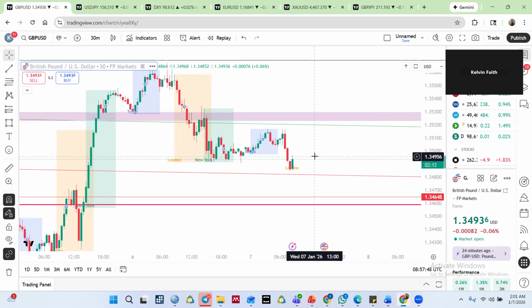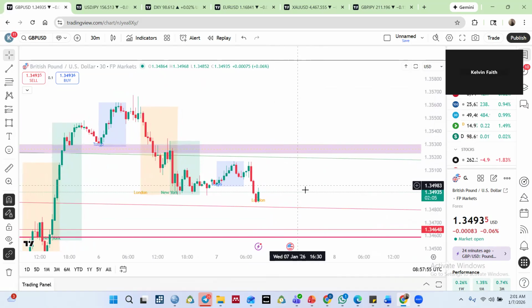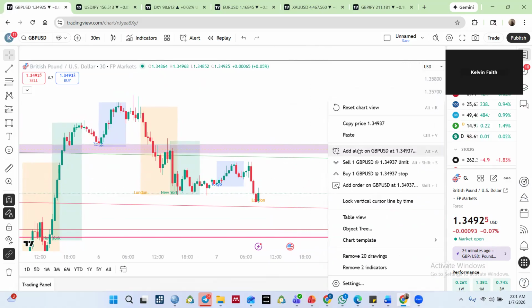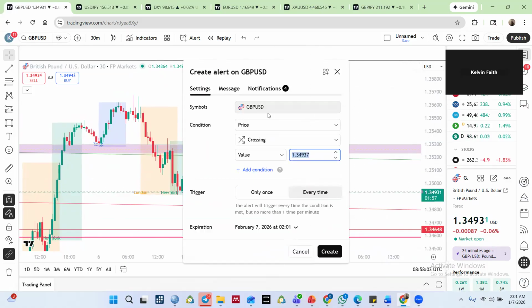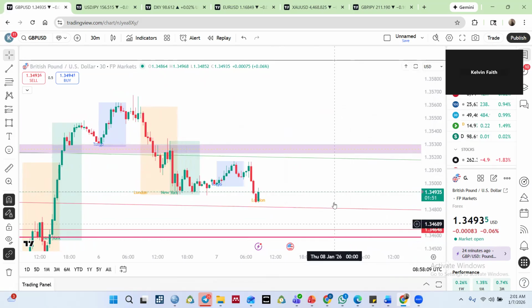So let me put an alert also there for buys on GBP USD.